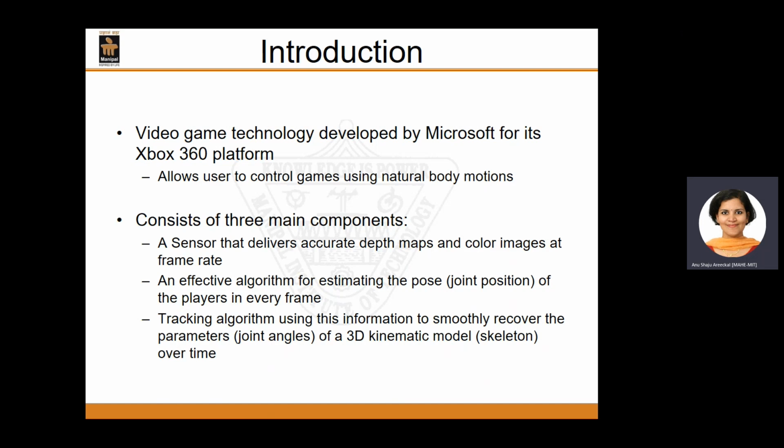The importance of the Kinect sensor is that it helps to give a very accurate depth map as well as colored images. So it has both depth information as well as the color information of the object, and it helps with estimating the pose, that is the position of the objects which are present, and that helps with tracking also. Accuracy as well as quick results are some of the important advantages of using a Kinect sensor.